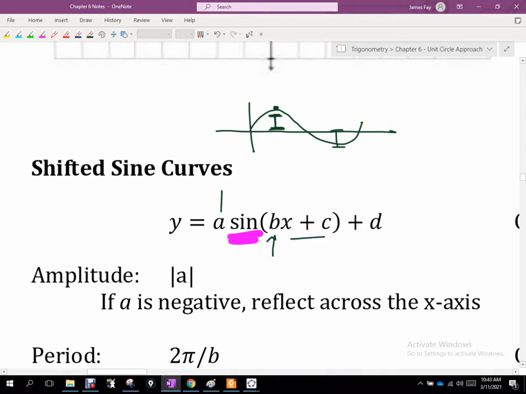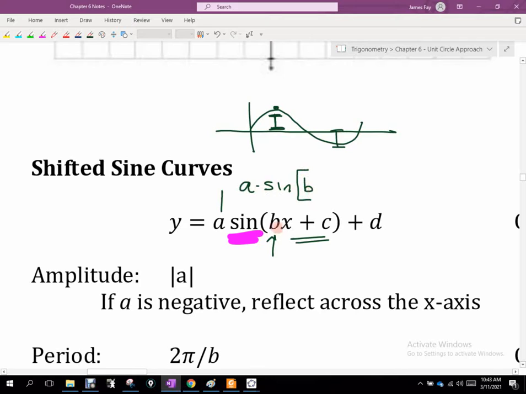This plus C tells me how far I'm moving it left and right. Now there's a little bit of a caveat here because of how this is written. Really what we want to do is write this as A times sine, with a bracket here.